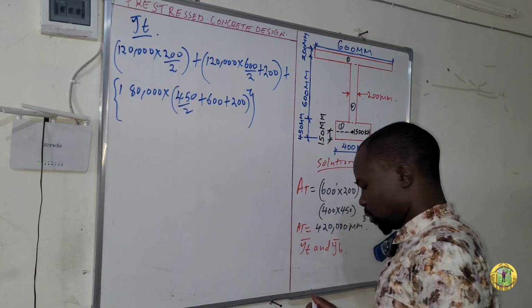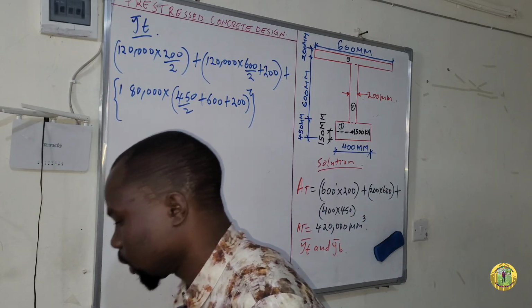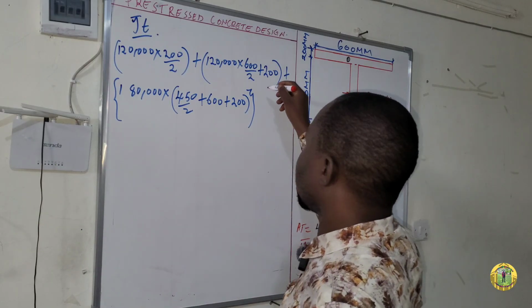After doing so, you divide everything in the larger bracket by the total area.